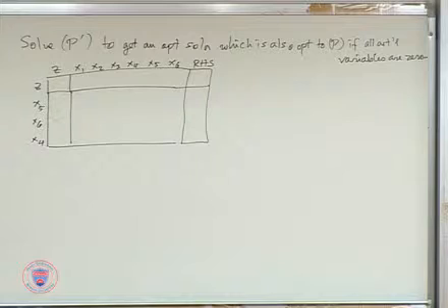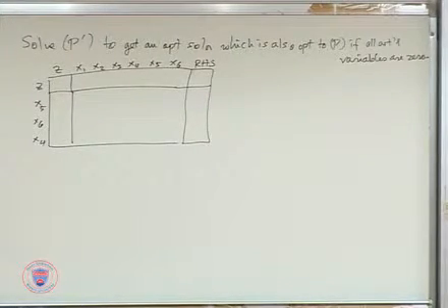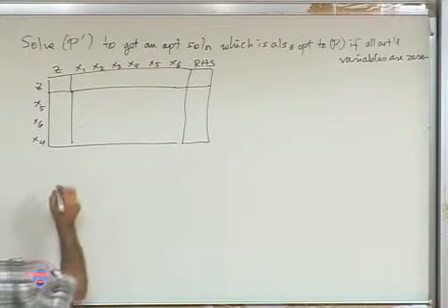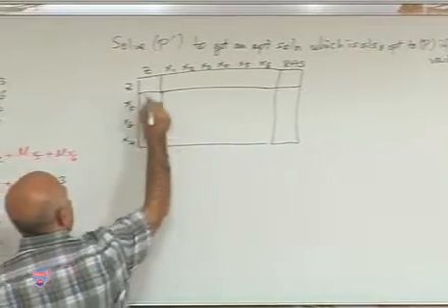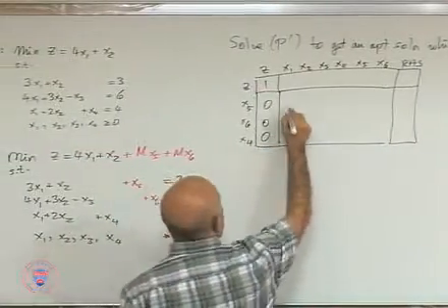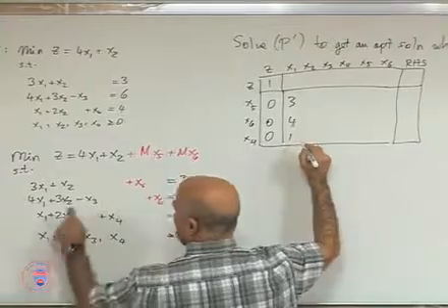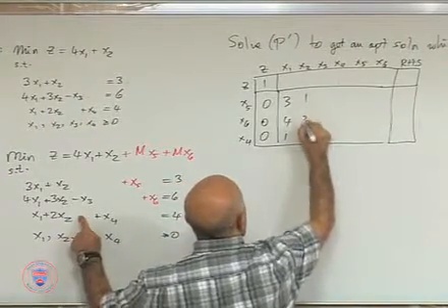I'm going to use x4 as part of the basic variables because it has the column 0, 0, 1. So we have 3. Okay, so this is 0 all the way. 3, 4, 1. 1, 3, 2.